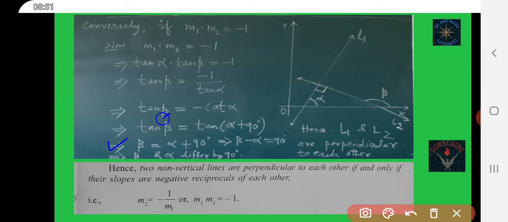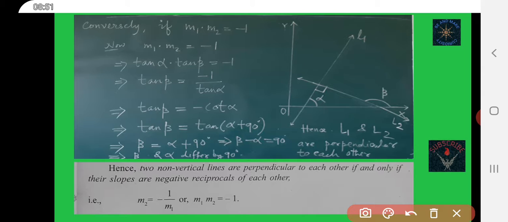As beta and alpha plus 90 degree lie between 0 degree and 180 degree, so you can write beta is equal to alpha plus 90 degree.